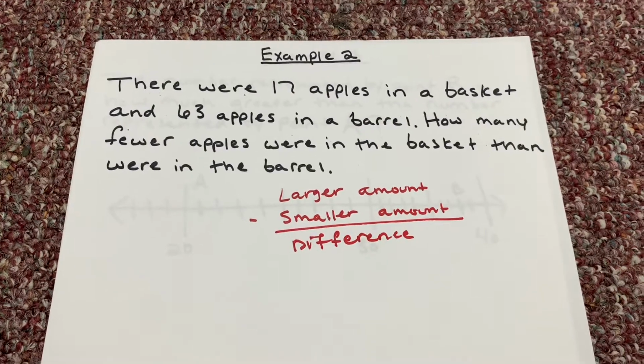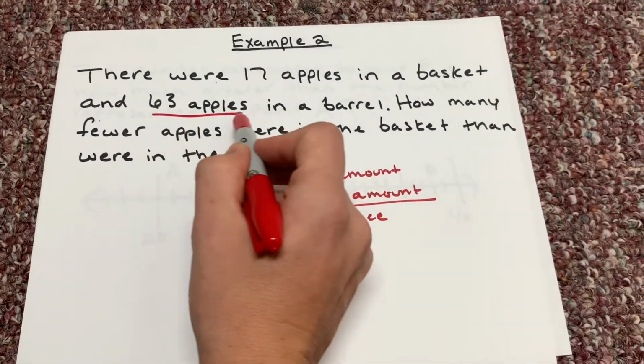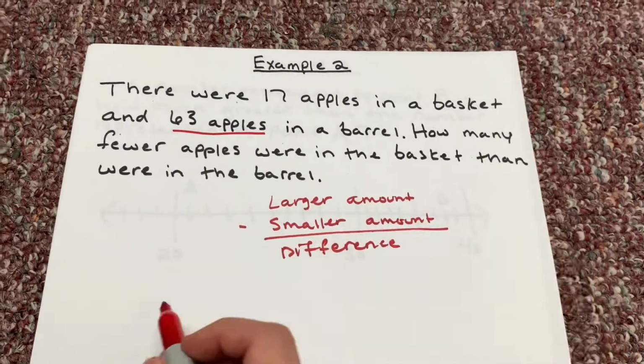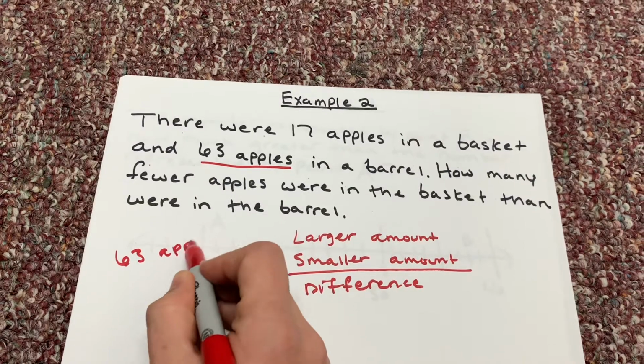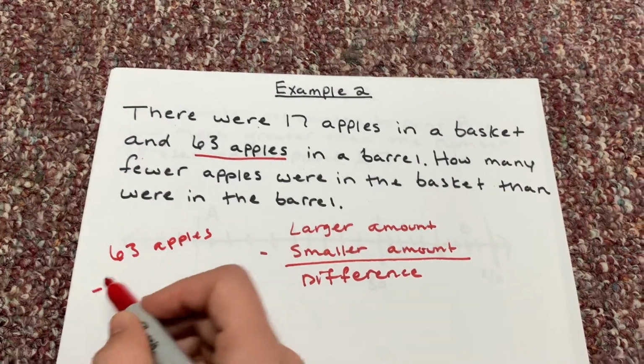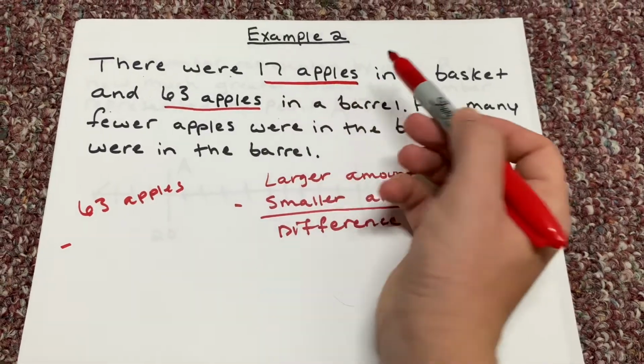So, first thing is I'm finding my numbers that I'm comparing. So I have 63 apples. So I'm setting up my equation as 63 apples. Then I'm subtracting from it 17 apples.